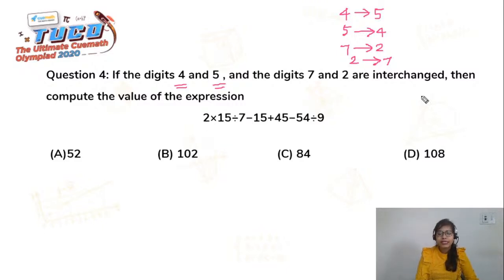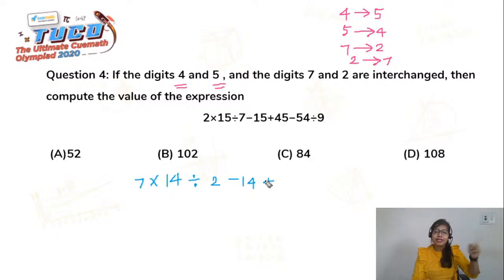So 2 would be replaced by what? 2 would be replaced with 7. So 7 times of 15, you have a 5 here. So the 5 needs to be substituted by 4. Divided by 7 needs to be replaced by 2. And then you have minus 15. Again, there is a 1, 5. So this 5 would be replaced by 4. And then you have 45.